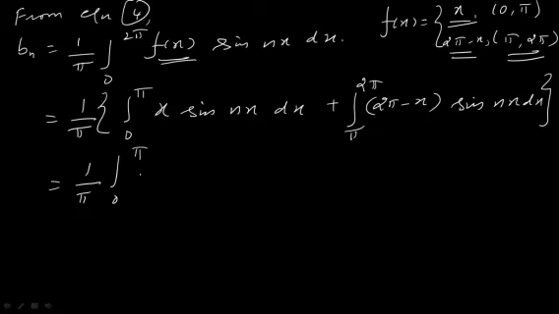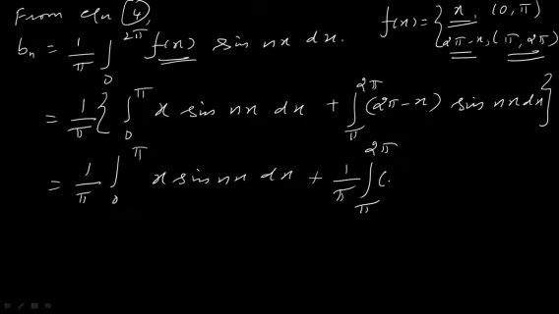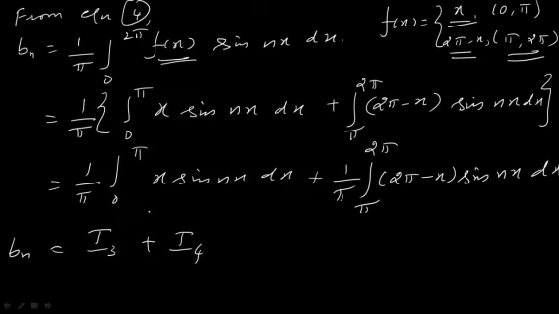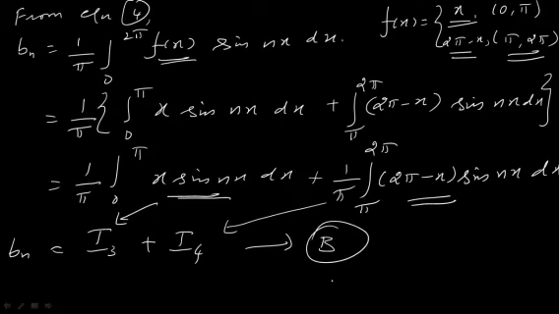So 1 by pi integral 0 to pi x sin nx dx as one integral, plus 1 by pi integral pi to 2 pi of 2 pi minus x sin nx dx as another integral. So this gives us I3 and I4. Let me separately calculate the integral values I3 and I4 and substitute them to get the value of bn. So let me first calculate I3. Your I3 is nothing but 1 by pi integral 0 to pi x sin nx dx.